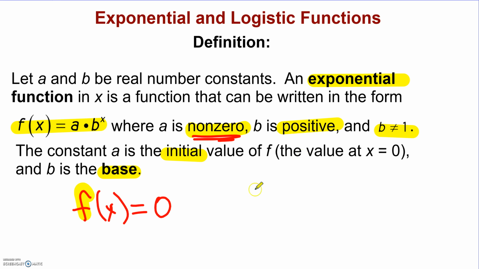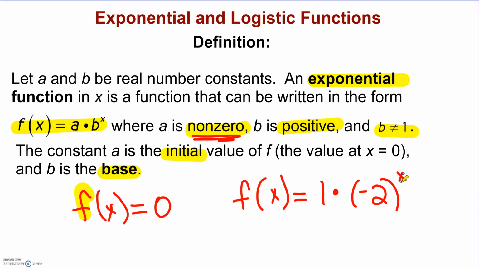Second, b has to be positive. This really would become a problem if b were negative if you were graphing. So, for example, let's say you had f of x equals, just make an easy one, 1 times negative 2 to the x. The problem with that is, first of all, this exponent here.